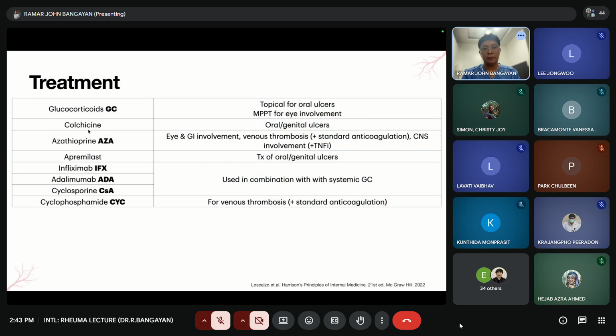Okay? So how do you treat this? Usually it's steroids. You use colchicine. What's colchicine? We've discussed this in gout. Colchicine is used in gout, right? But why is it being used in an autoimmune illness?